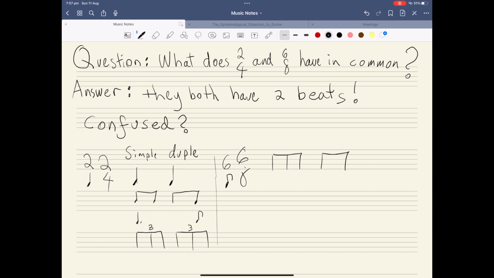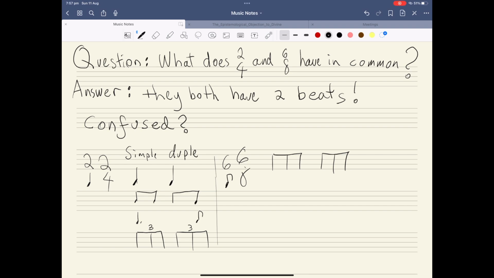But of course, whenever you have 6 beats in the bar, they are grouped in 3s, right? And that's where we get 2 groups of 3, and that's where the duple comes from. It's just that the first group of 3 contains 3 beats, and the second group of 3 contains 3 beats.